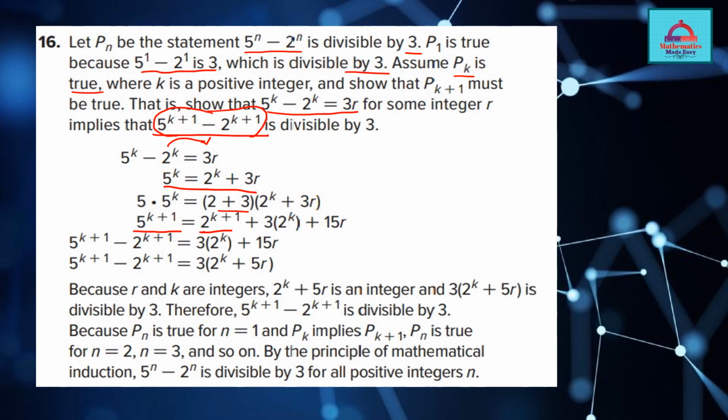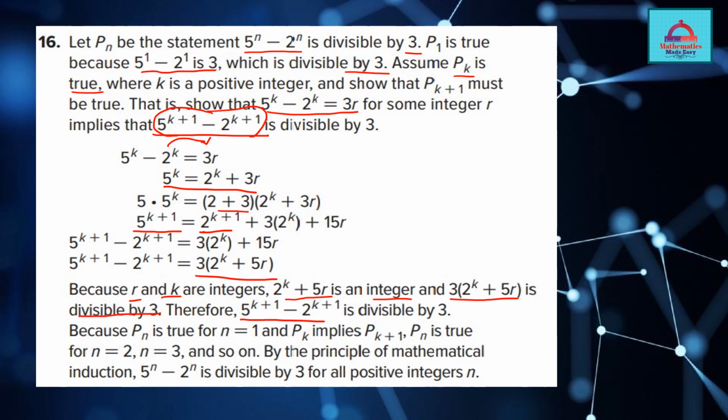Okay, now you subtract 2 to the power k plus 1, so this comes out to be 3 times 2 to the power k plus 15r, so you can take a 3 outside common, and this again is an integer. So because r and k were integers, 2 to the power k plus 5r is also an integer, and 3 multiplied with it is divisible by 3.